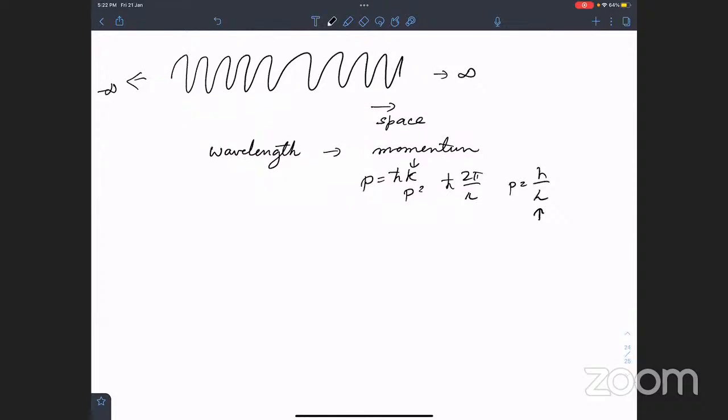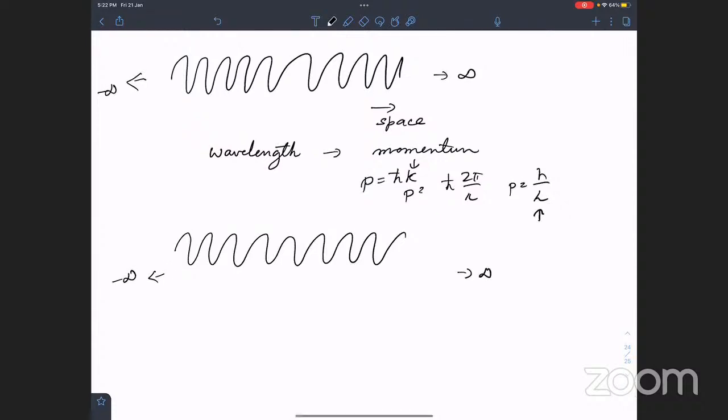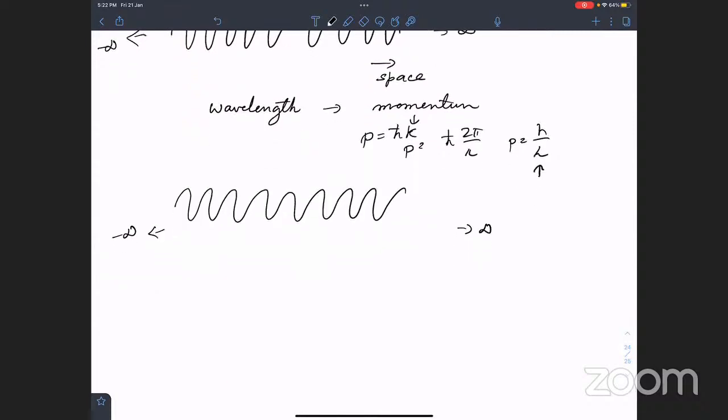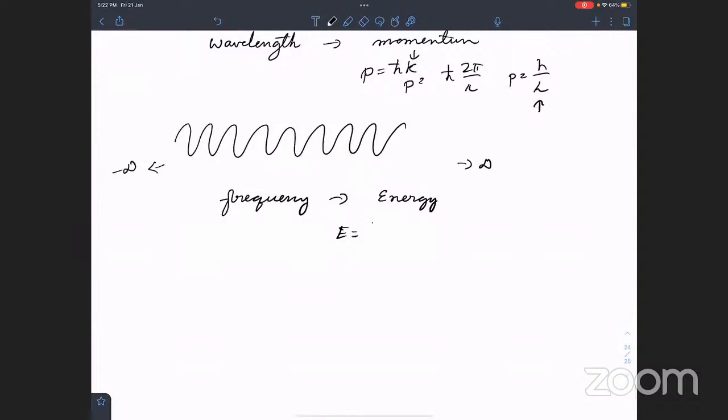In a similar way, in terms of time, only if my wave function had existed from minus infinity to plus infinity, can I define a unique frequency. And only if I can define a unique frequency can I define a unique energy, right? Because the energy of the particle is h bar omega. Energy of my wavy particle is h bar omega.